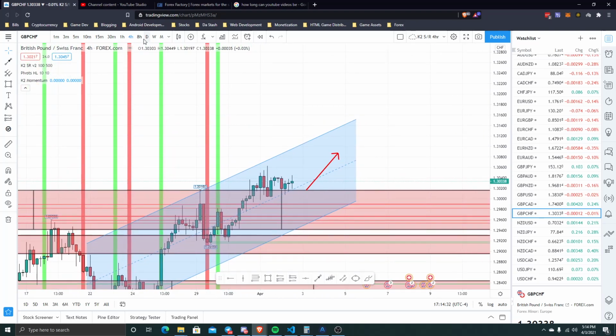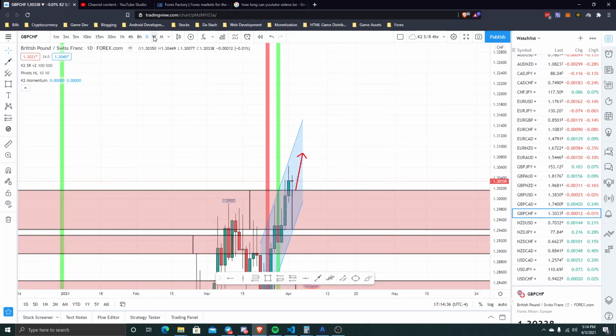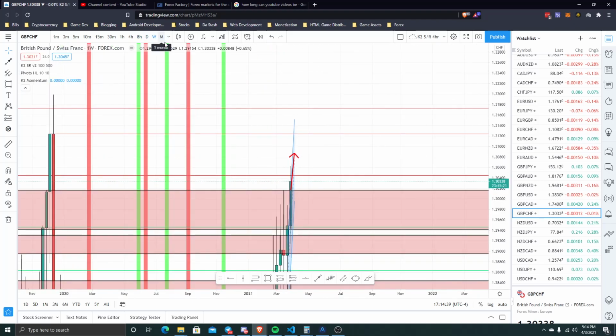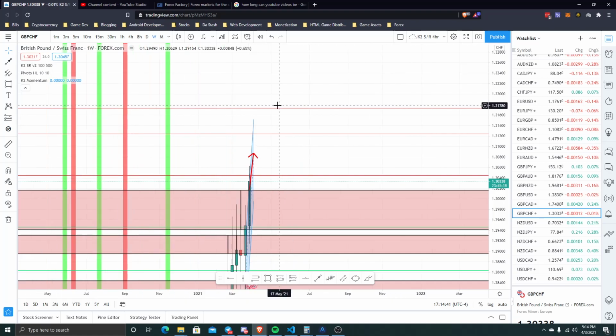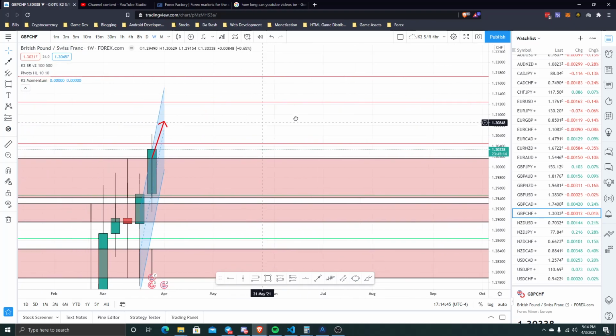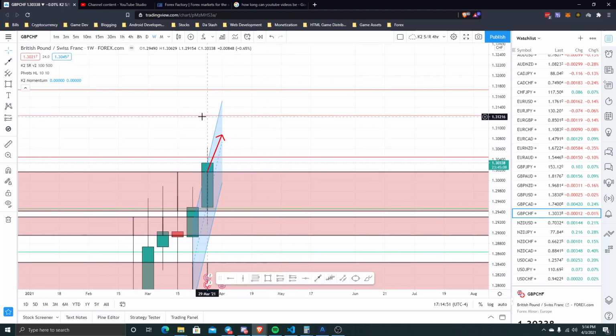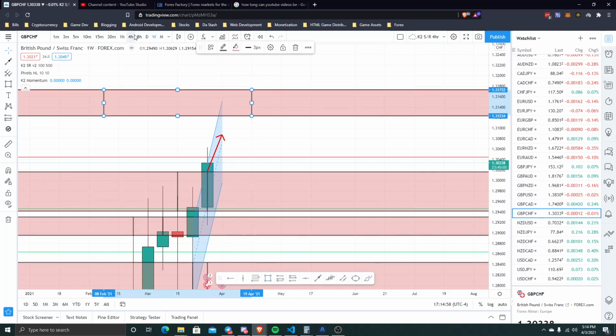Let's see where the next zone is to the upside. And as you can see here, if you look at the weekly, it already wicked off this zone right here. So I kind of doubt that it's going to continue to go up to this zone here. But we have to wait and see. Let me go ahead and plot that real quick.